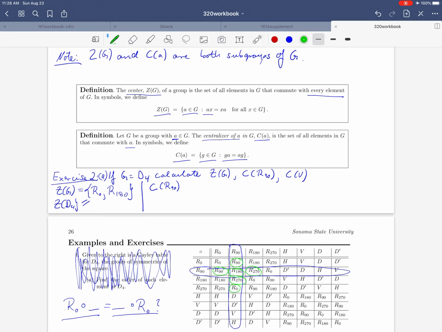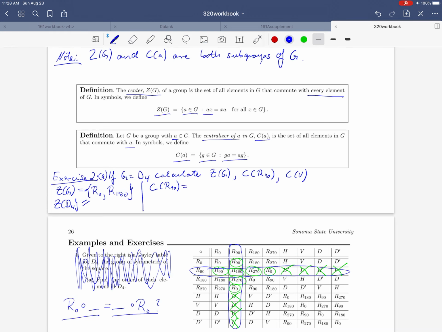Also commutes with R180. Okay, what about H? It did not commute with H, we have different elements. It did not commute with V, different elements. Next ones are different too. And then last ones are different too. Okay, so it looks like only the rotations commute with our rotation R90.